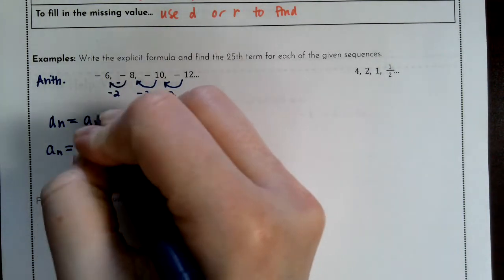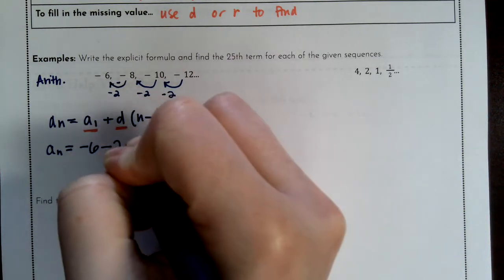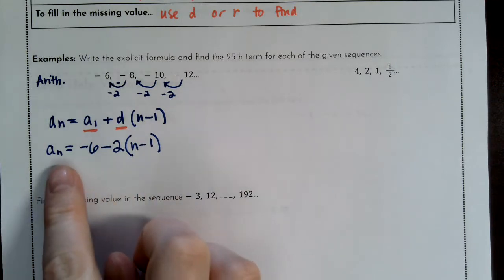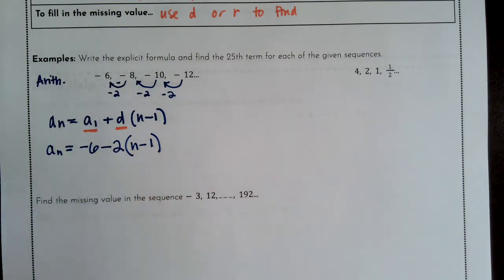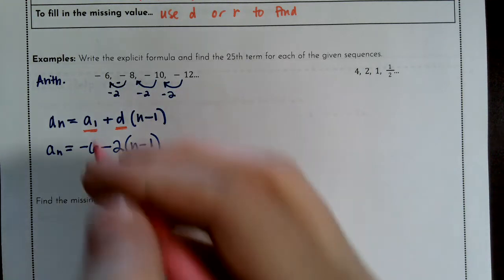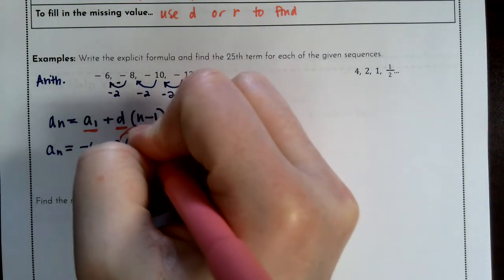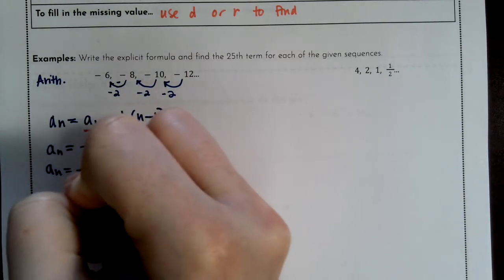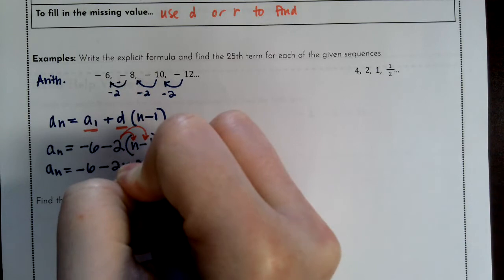So I'm going to do either plus -2 or -2 in parentheses, n minus 1. Now we can simplify this by distributing. We're going to do that because we want our formulas to be as simple as possible. So we're going to distribute our -2 to get -2n plus 2.